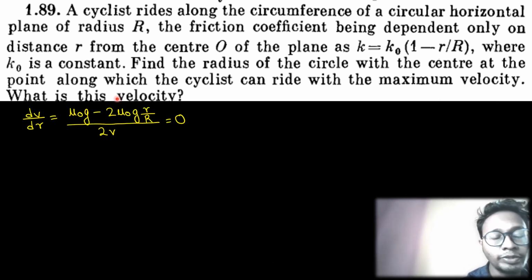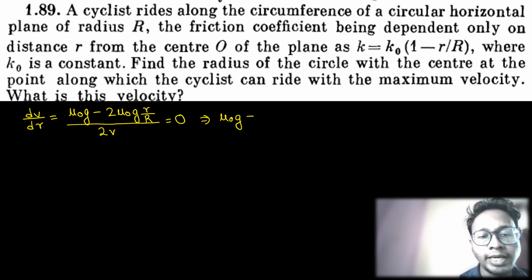Now when I solve this equation, I'll get mu naught g minus 2 mu naught g r by capital R is equal to 0. I just multiplied 2v to the right-hand side.